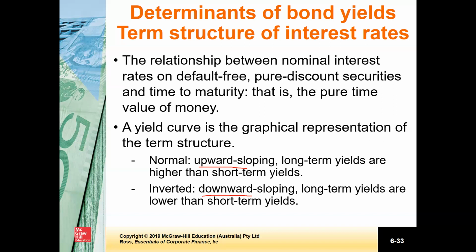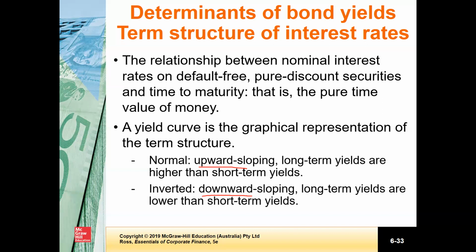This extra compensation for higher interest rate risk on long-term bonds is called the interest rate risk premium. So the longer the term to maturity, the greater the interest rate risk, and so is the interest rate risk premium. However, as we discussed earlier, interest rate risk increases at a decreasing rate, so the interest rate risk premium also increases at a decreasing rate.